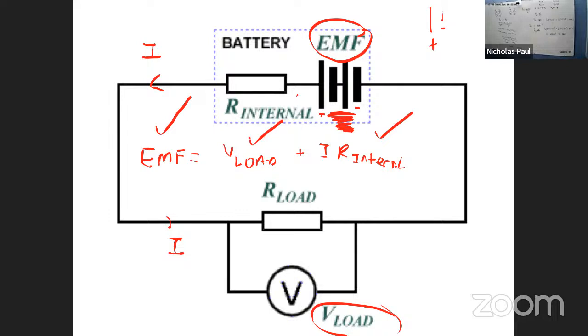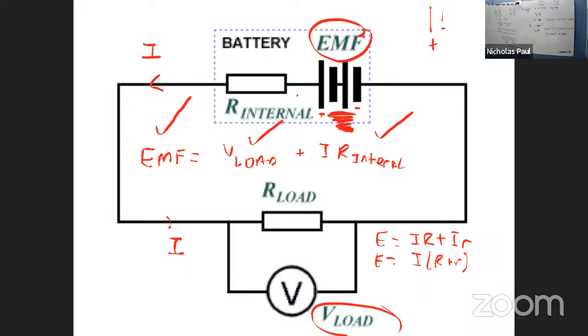So EMF is equal to I times V plus I times small r. That's the more familiar formula. E is equal to I times R, and you can factor out the I. That's it.